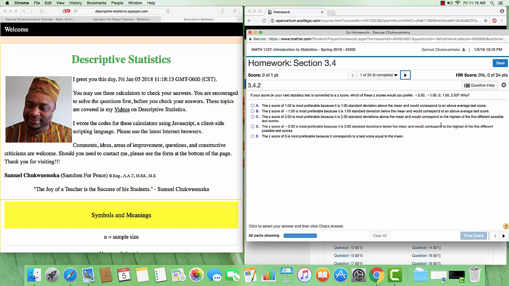You want the highest z-score because it corresponds to the highest of the 5 different possible test scores. So I would go with z-score of 2.00, and that is option C.